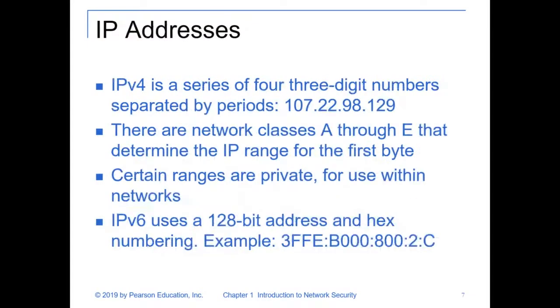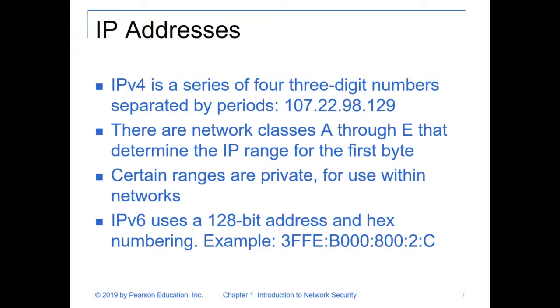Next, we'll look at IP addresses. IP version 4 addresses are a series of four 3-digit numbers that are separated by periods, as we see in the example, for the first byte.